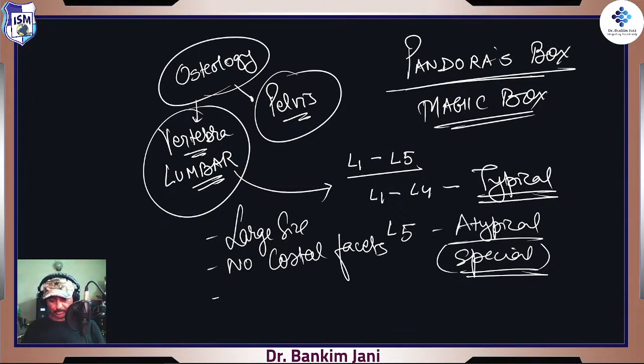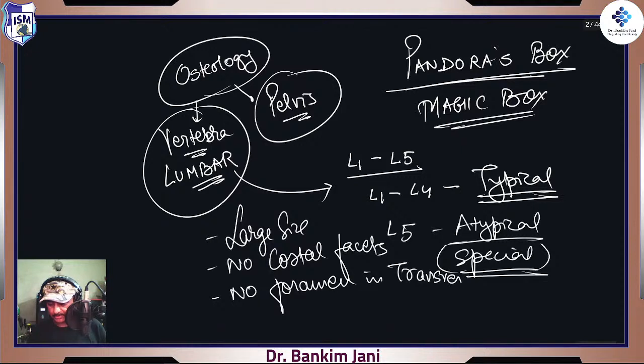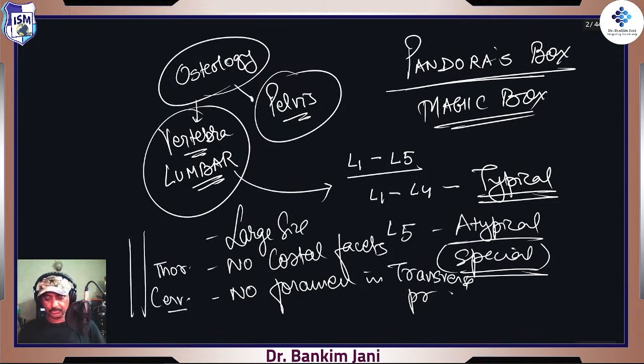Obviously over here the vertebral artery is not present, so there won't be any foramen in the transverse process. So classically, this is the characteristic of cervical vertebra, and that is the characteristic of thoracic vertebra. If both are not present, then it is definitely a lumbar vertebra.